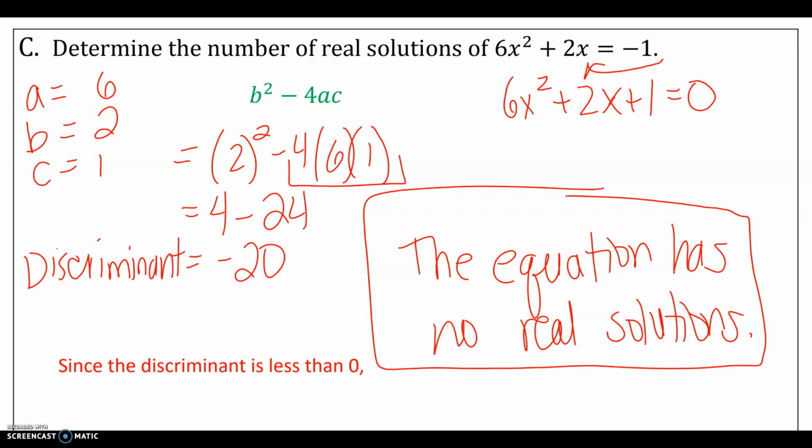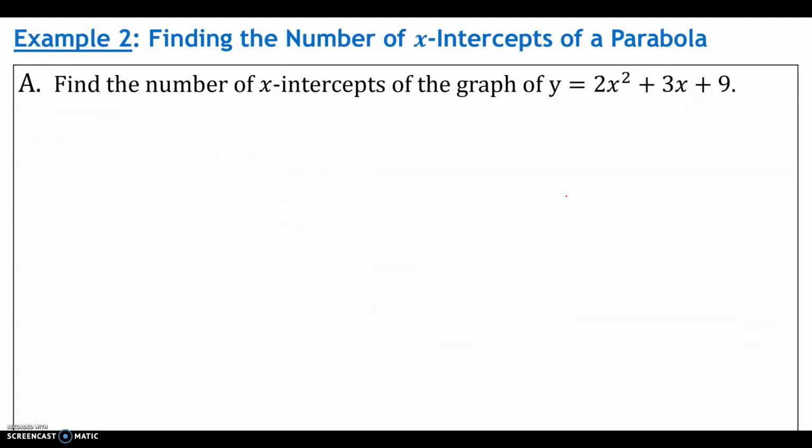Okay? Now, my last two examples are the same thing, but they're worded differently. And they want you to find the number of x-intercepts of the parabola. So pretty much it's the same thing. You're just writing 2 x-intercepts, 1 x-intercepts, or no x-intercepts. Okay? So here we go.